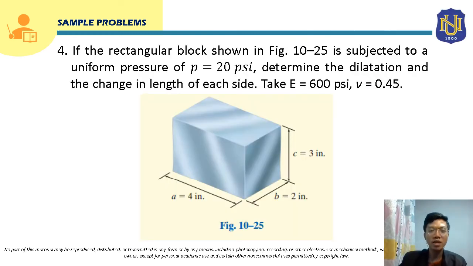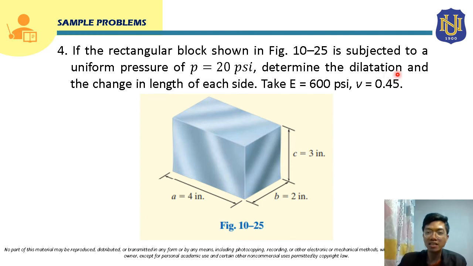For sample problem number 4, the rectangular block shown in figure 1025, this rectangular block is subjected to a uniform pressure of P equal to 20 psi. This uniform pressure will act in all directions, in the x direction, y direction, and z direction, and they are all P, equal to 20 psi.